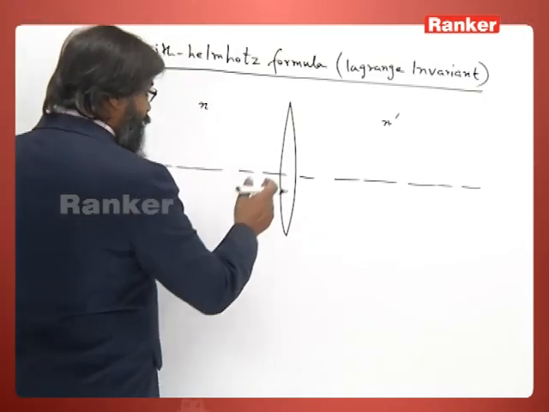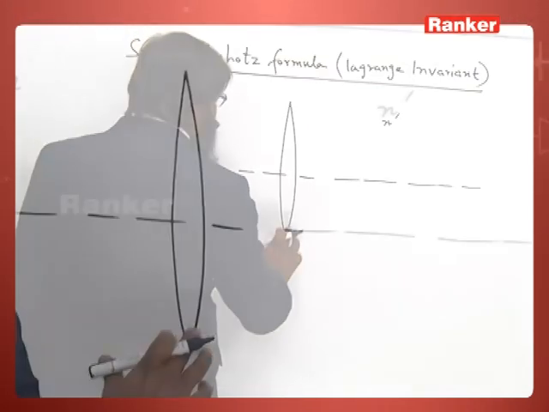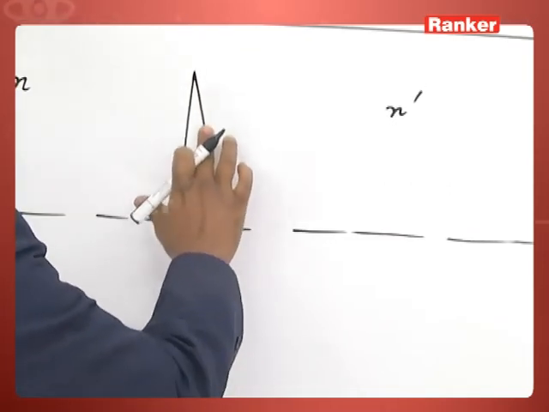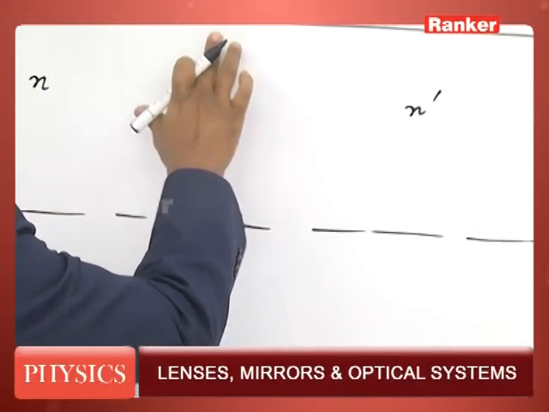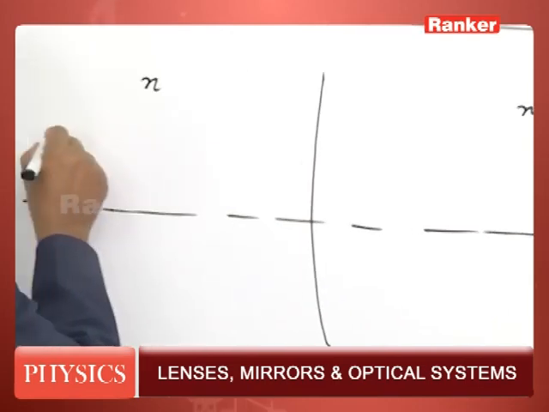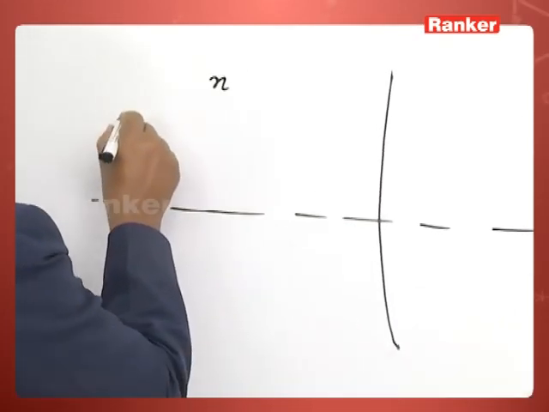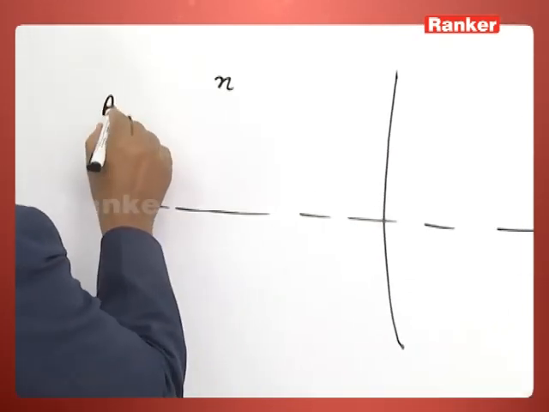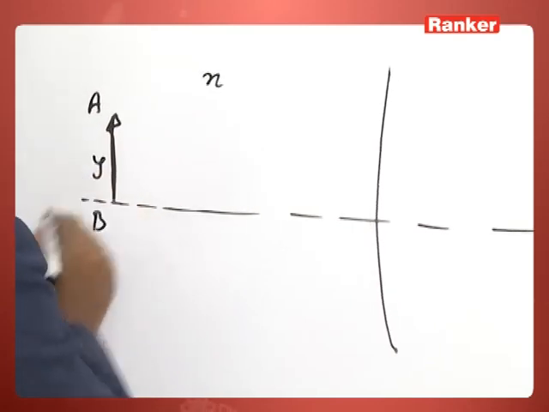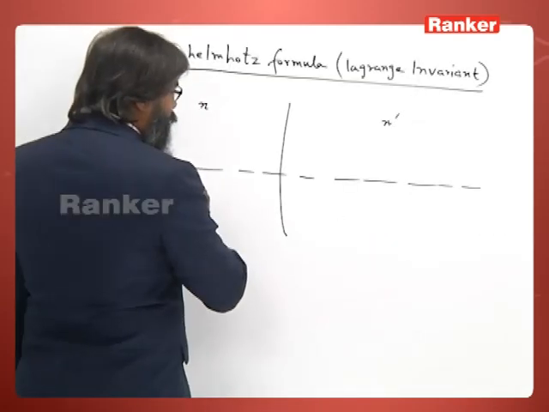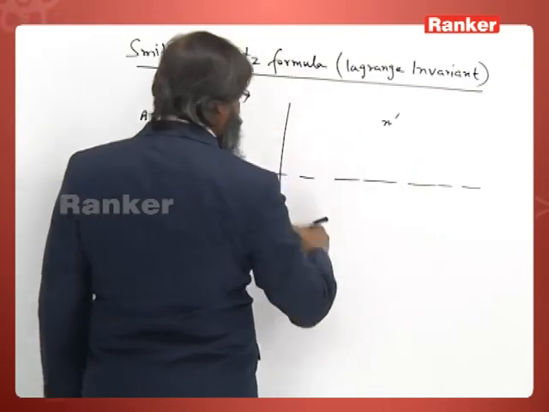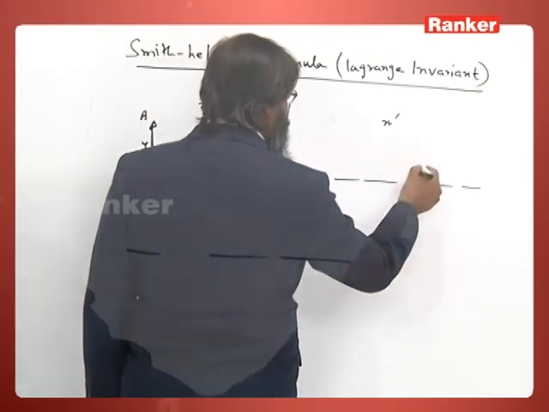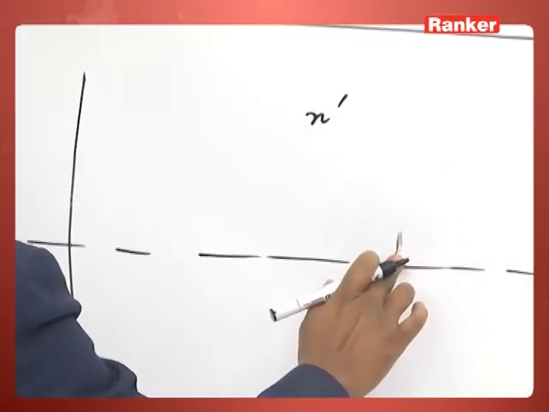So, it may be a lens or just suppose it is not a lens but a refracting surface. Suppose it is a refracting surface and here we have an object AB of height y. Now, because of this refracting surface, suppose there is an image formed here.